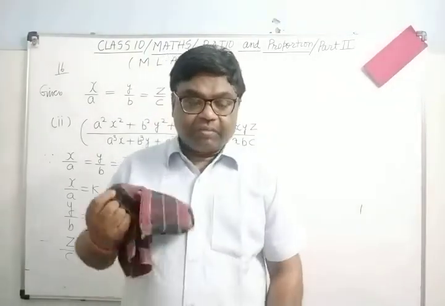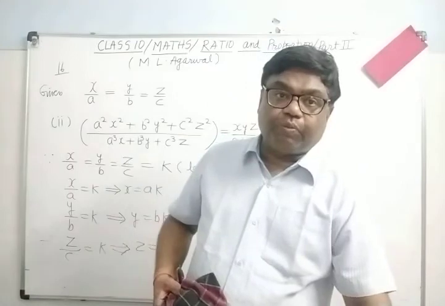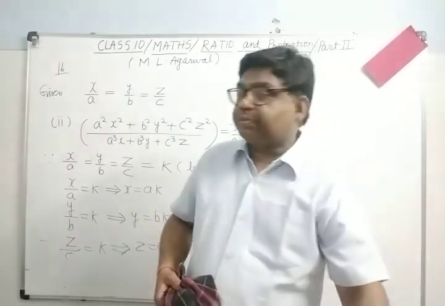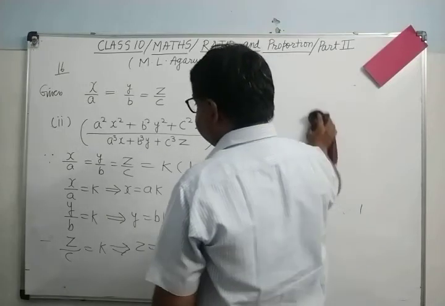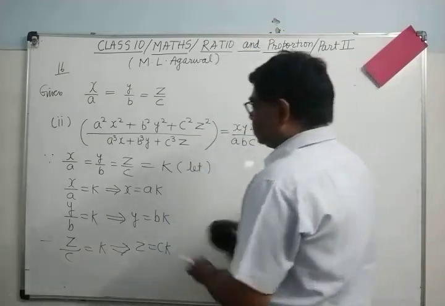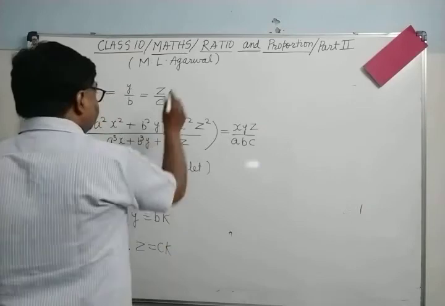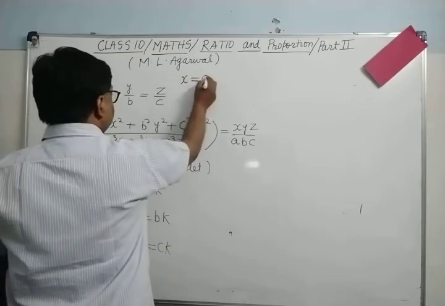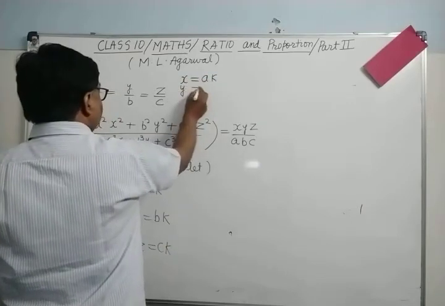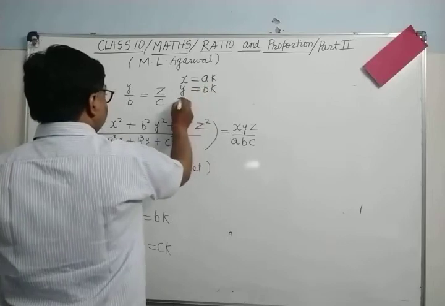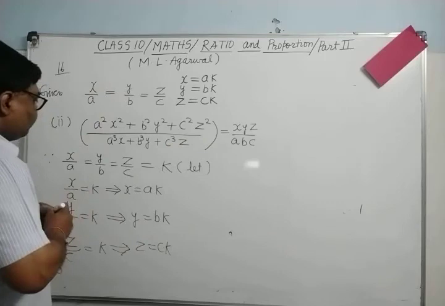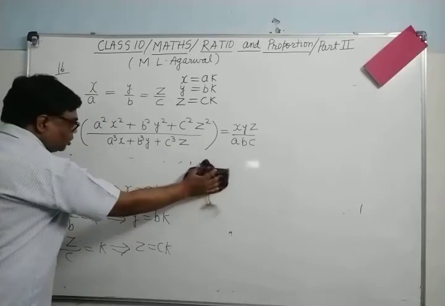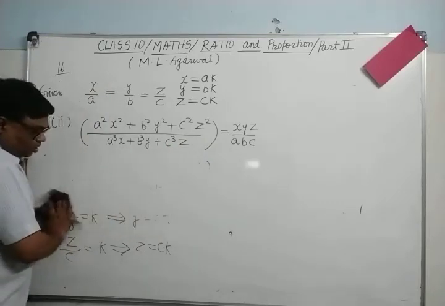That means we substitute x equals ak, y equals bk and z equals ck.